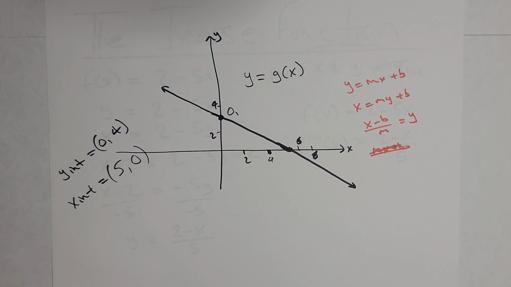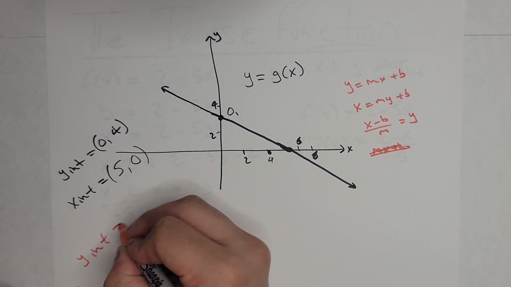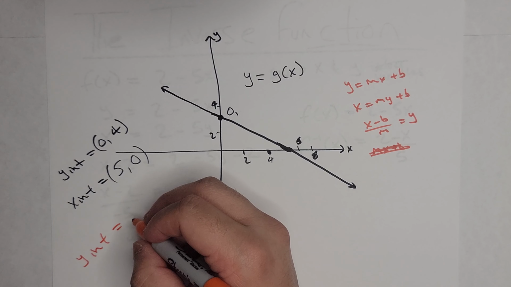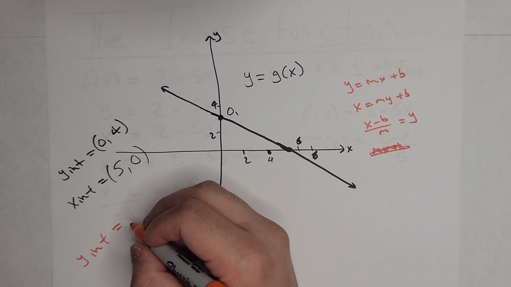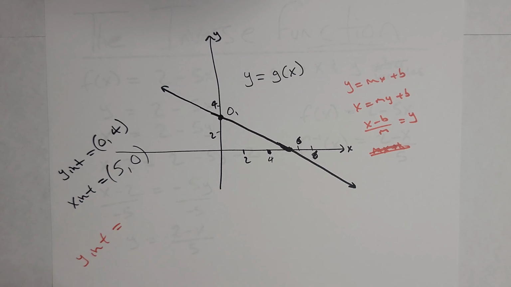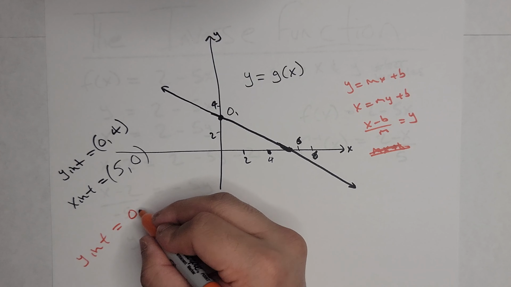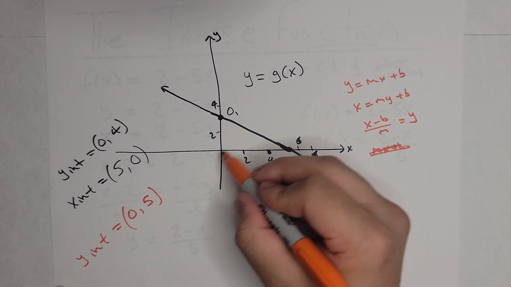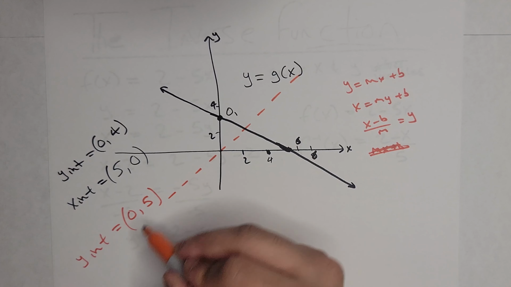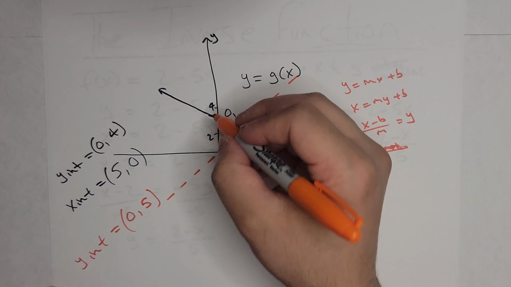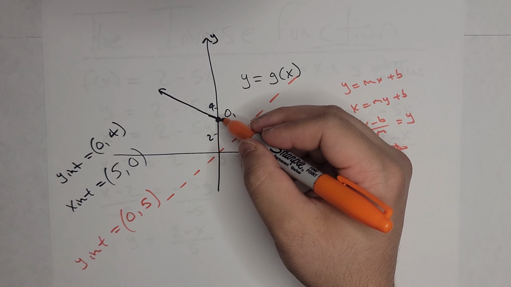So when we want to do the inverse, let's swap these around. Our y-intercept will become, we're going to swap the two, and that will give me this point mapped to the inverse.